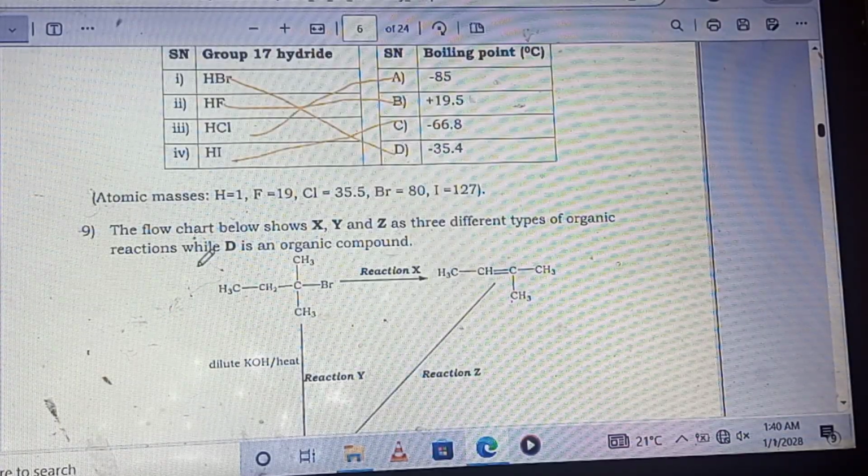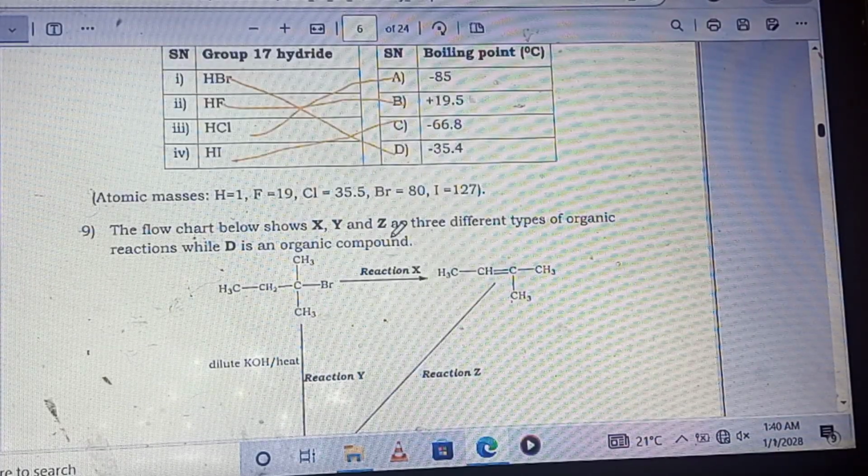Question 9. The flow chart below shows X, Y, and Z as the three different types of organic reaction, while D is an organic compound.